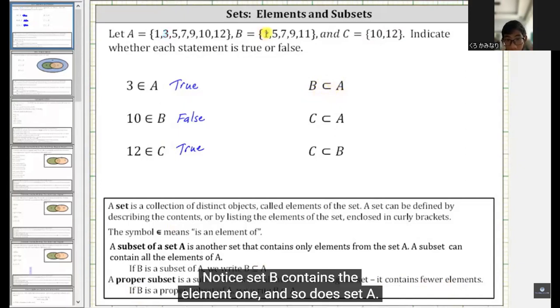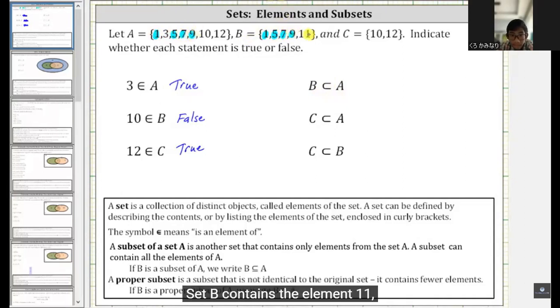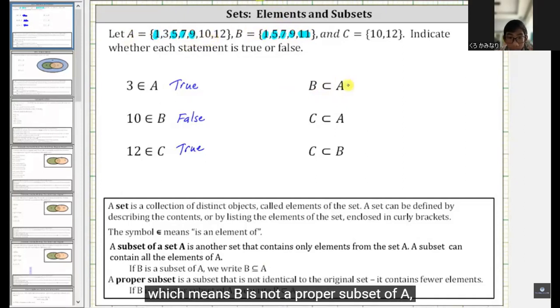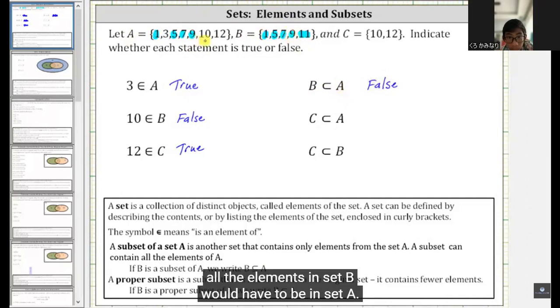Notice set B contains the element 1, and so does set A. Set B contains the element 5, and so does set A. Set B contains the element 7, and so does set A. Set B contains the element 9, and so does set A. Set B contains the element 11, but notice how 11 is not an element in set A, which means B is not a proper subset of A, and therefore this first statement is false. In order for it to be true, all the elements in set B would have to be in set A.